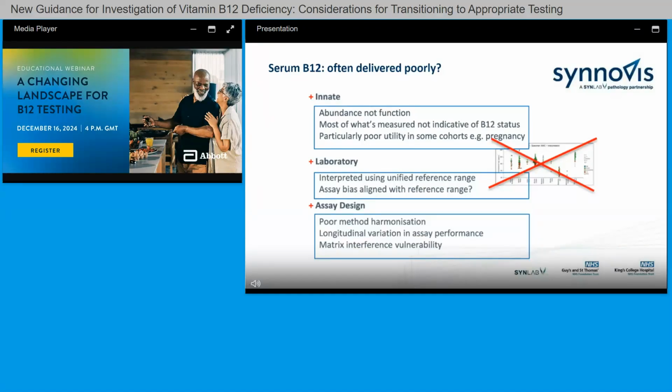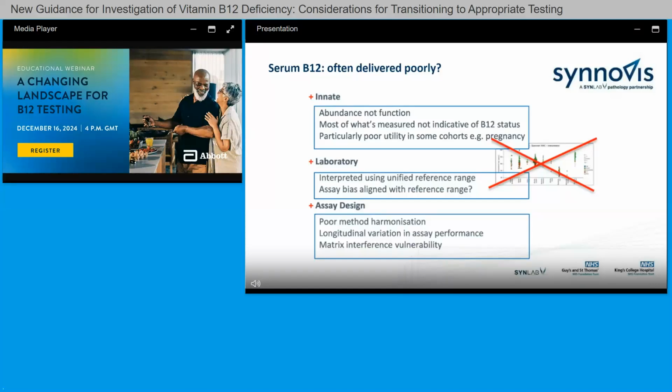For example, in patients with high intrinsic factor antibodies in their circulations in pernicious anemia, we know that this can give falsely elevated results. We also know that for some patients, we have the formation of B12 and immunoglobulin complexes, which is known as macro B12, which again can cause elevated results and mask a potentially deficient result.